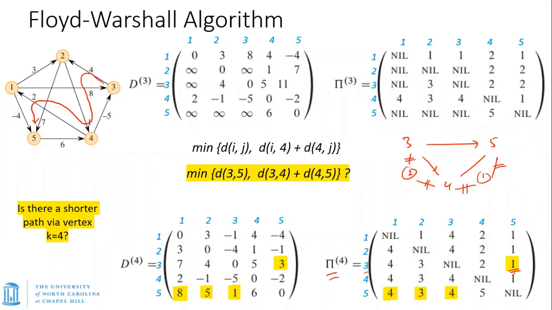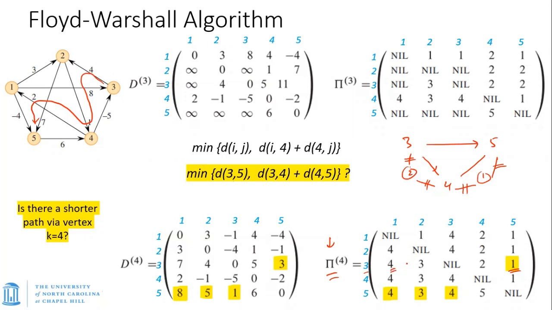But then how do you get to 1? Can you use this matrix to figure out the path, which is not completely obvious? So you would say, how do you get to 1? Well, 3 to 1, the predecessor is 4.